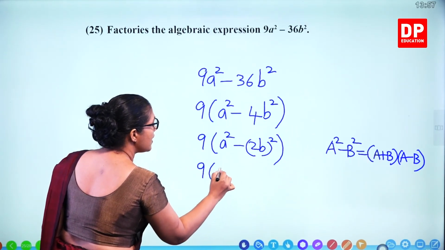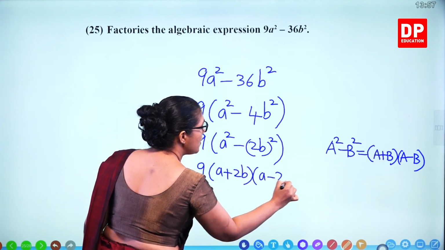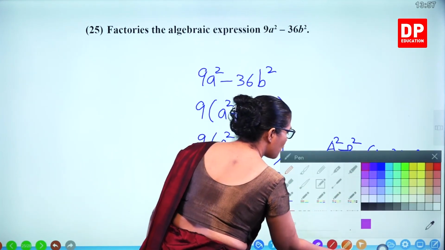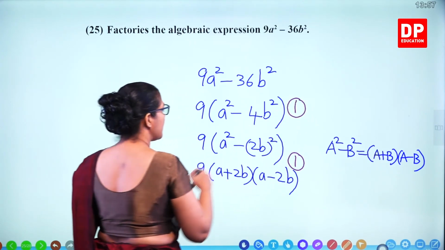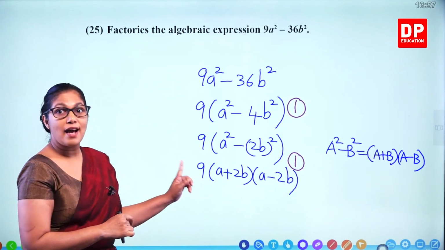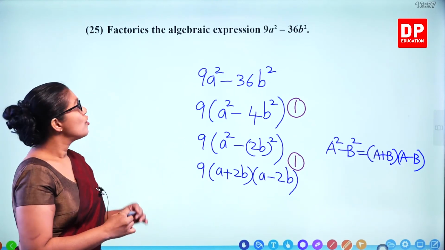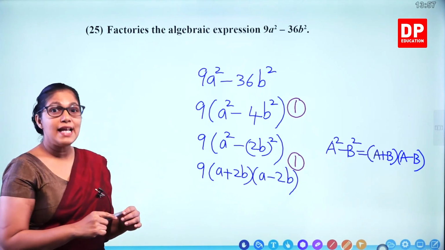So you can write a plus 2b and a minus 2b. So you get 2 marks for that. 1 mark for this and 1 mark for the method. So make sure that you take 9 out first. This is fully factorized. So this is the last question in paper 11.